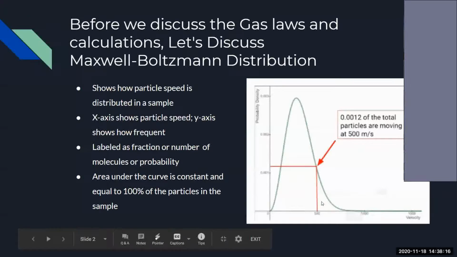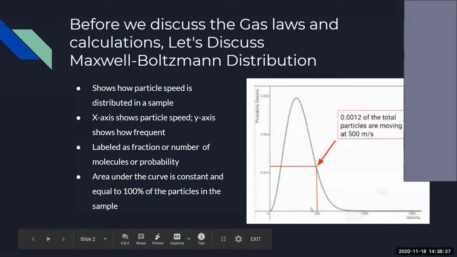Now, if you remember from our previous notes, gas particles that are hotter or at higher temperatures are going to be moving faster because they have more average kinetic energy, right? So the faster they go, the more kinetic energy they have, which is the temperature.